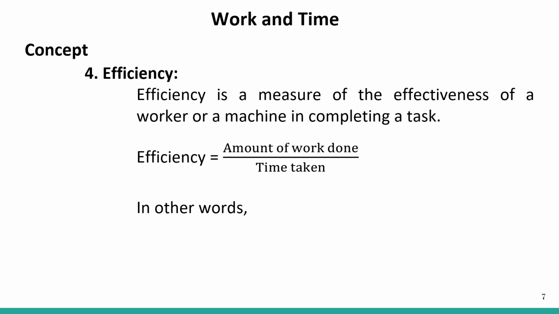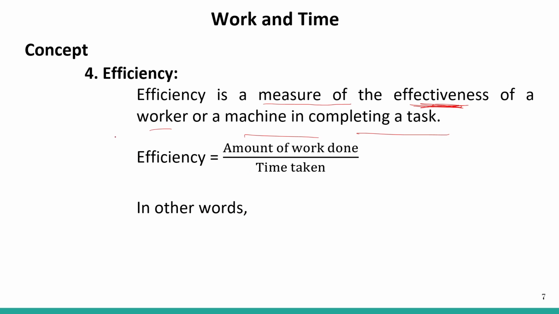So let's see what efficiency means. Efficiency is a measure of effectiveness of a worker or a machine in completing a task. So how effectively he completes a task. So efficiency is equal to the amount of work done by time taken.